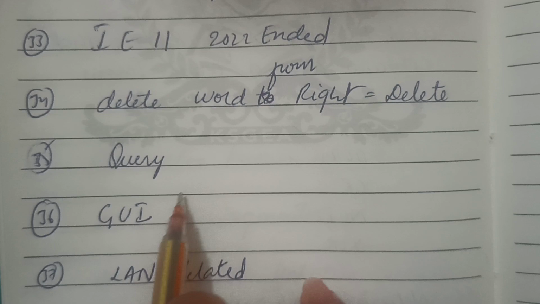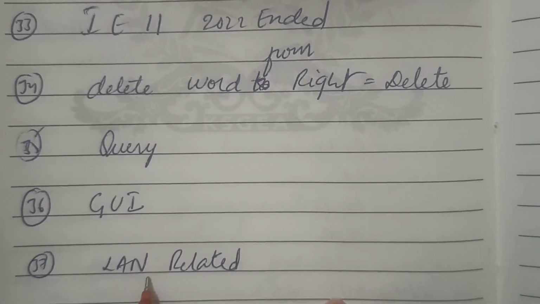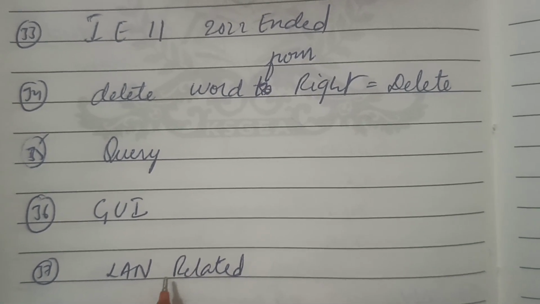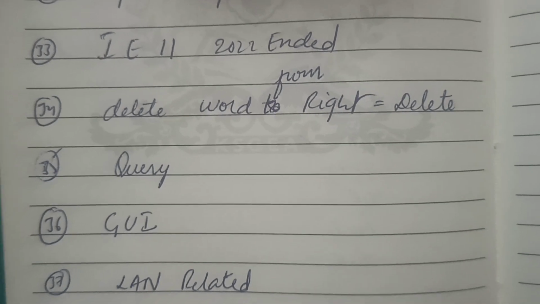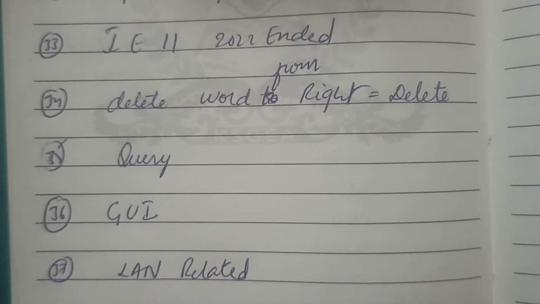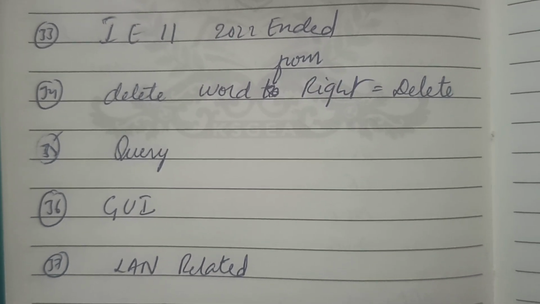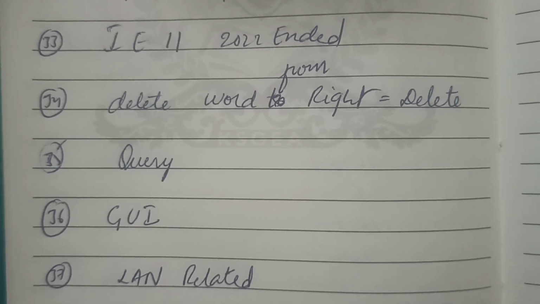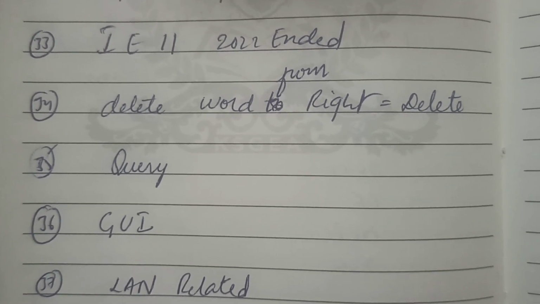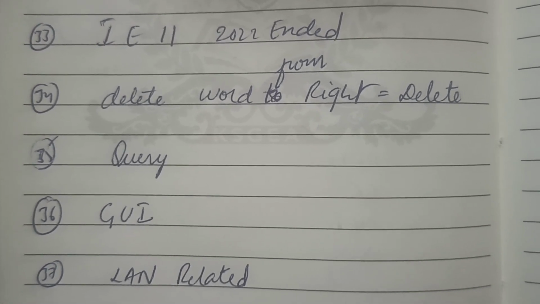This is the answer I marked. And one question was regarding the LAN. I don't remember the full question. I only remember these questions. For the remaining three, I can't remember now. Please comment if you remember any of the questions.